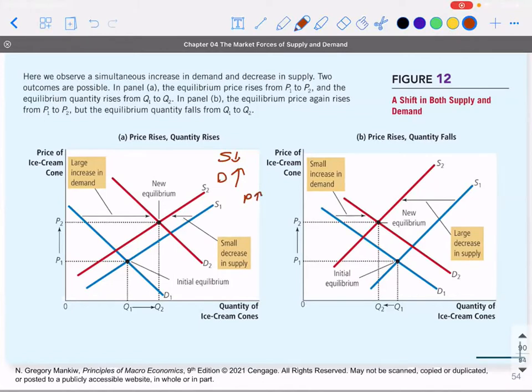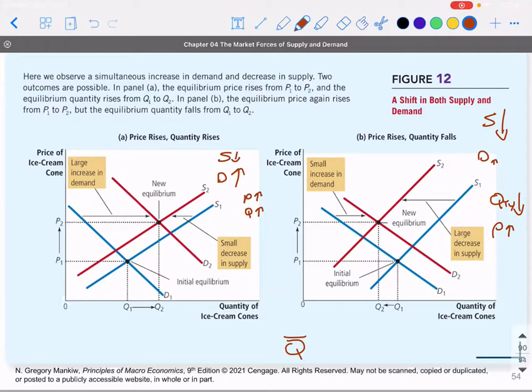And the consequence is that the price goes up in this case, and that the quantity goes up in this case. Same things, but now let's say that I decrease the supply a lot and increase demand very little. Now I can get my quantity to fall, but my price still goes up. And if I'd shifted them equally, quantity would have been the same.